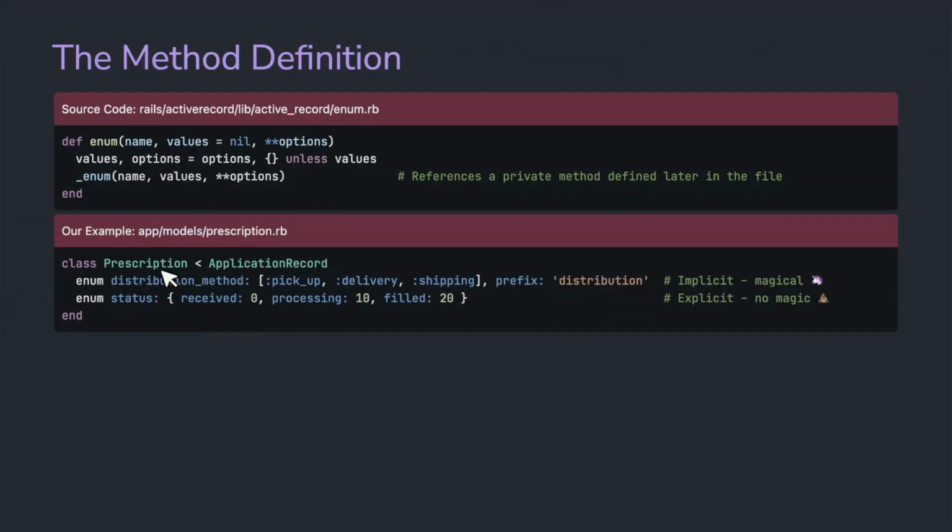And our example is a prescription class with 2 enum attributes, distribution method with values pickup, delivery, shipping, and the prefix distribution, and then enum value status with received, processing, and filled. This is the implicit definition. This is the explicit definition.